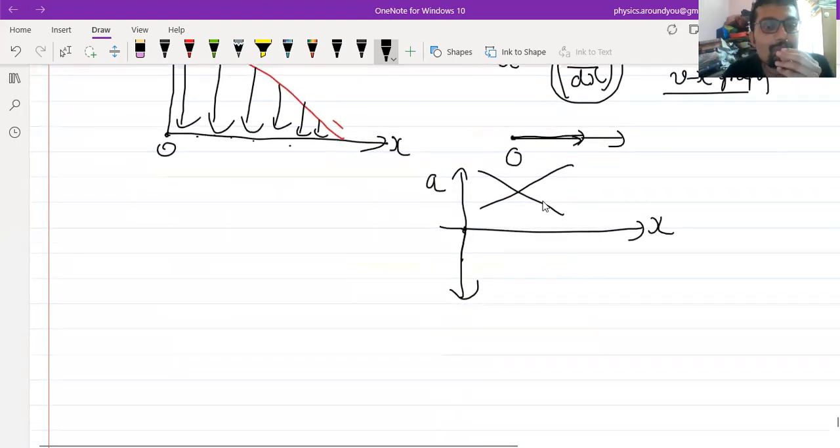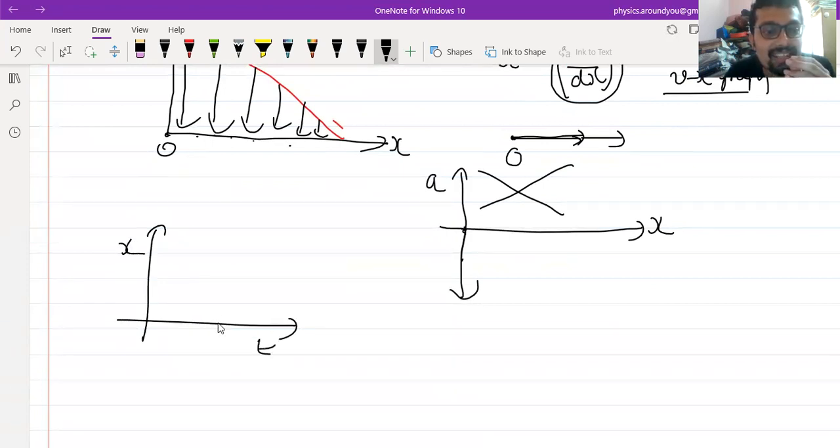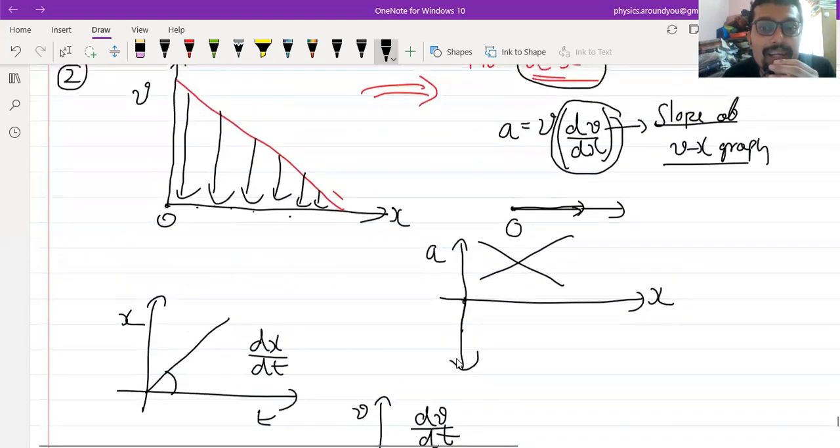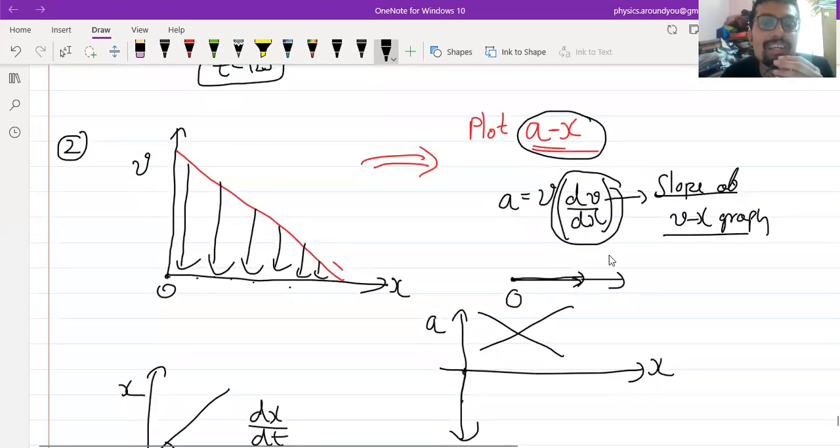What is the slope of the x-t graph? Slope is equal to dx by dt. What is the slope of the v-t graph? dv by dt. Similarly, dv by dx should be the slope of the v-x graph.